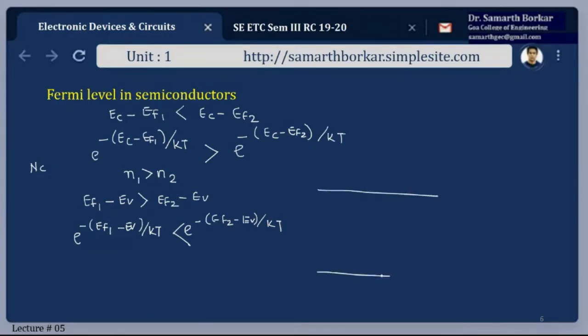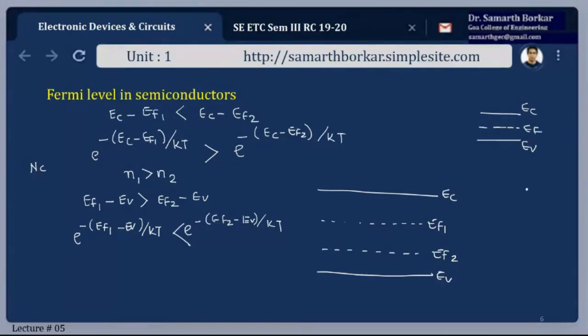Okay, mark this as EF1 and this as EF2. Again, EC and EV at any given point of time. There will be just a single dashed line here: EC, EV, and EF.